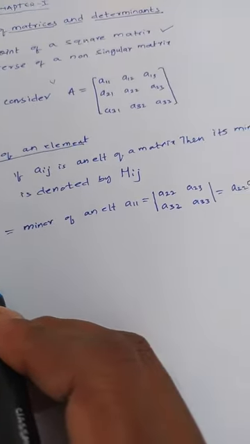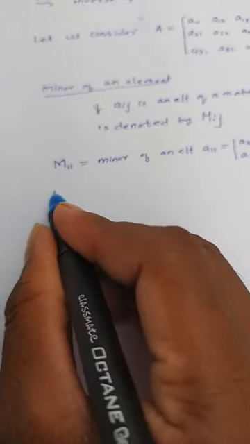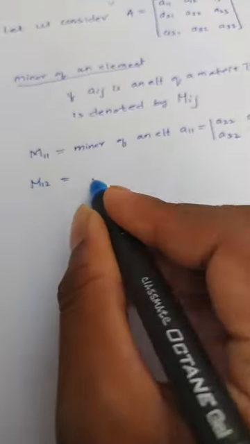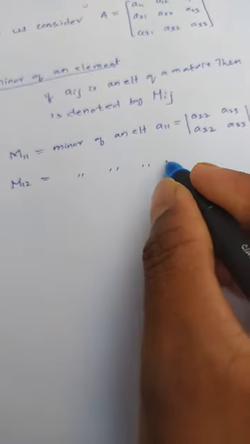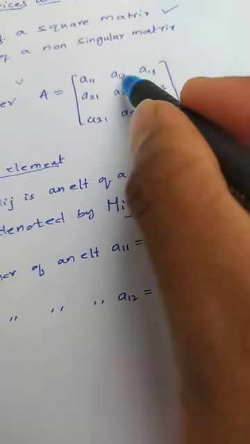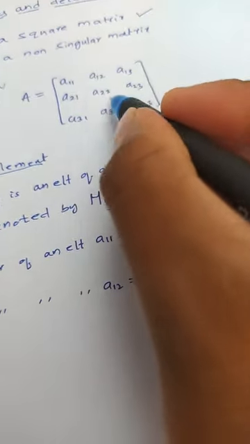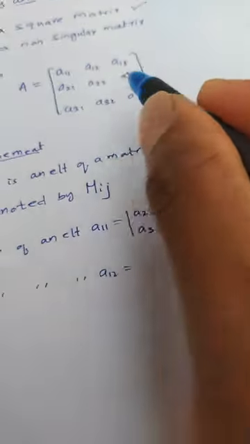Now to find the minor of the second element, it is denoted by capital M12, the minor of the element a12. To find the minor of this element a12, we have to remove the second column and first row. So this column and this row. Ultimately we will get these 4 elements.